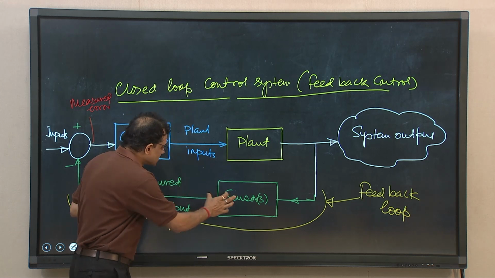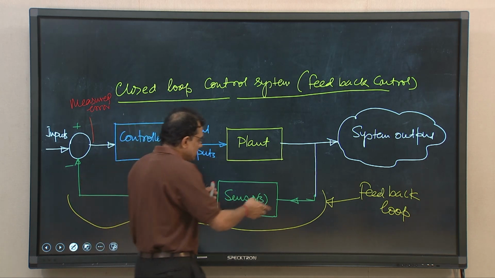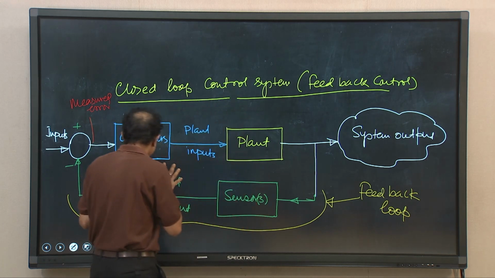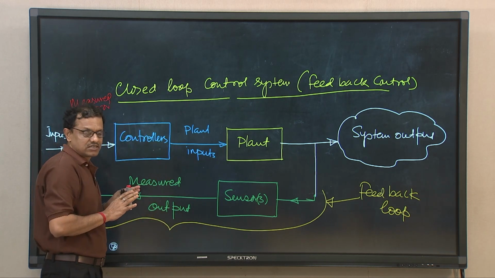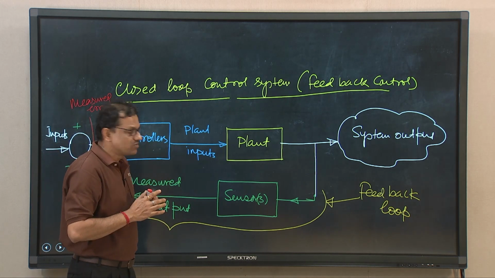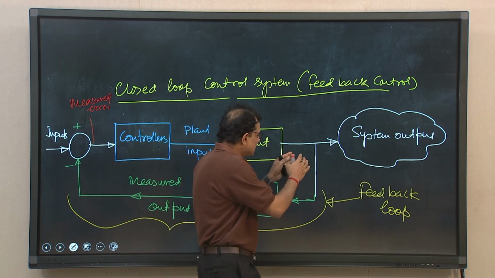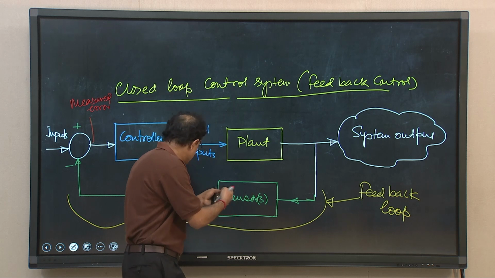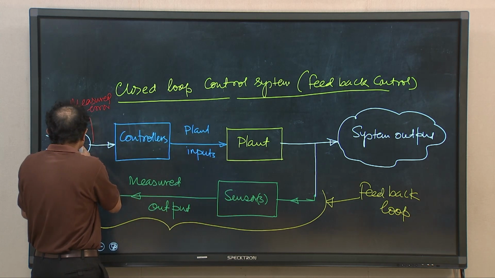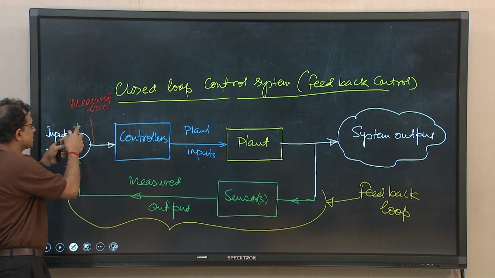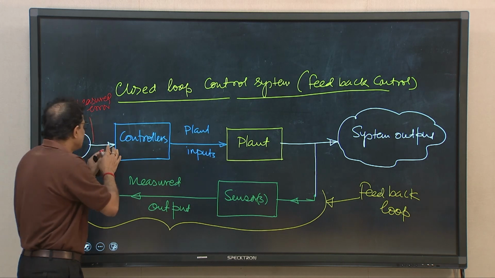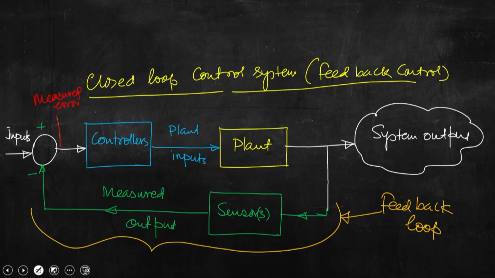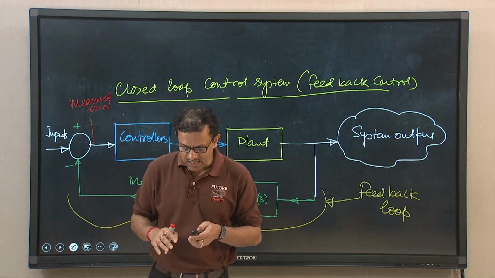These sensors are employed in this feedback loop essentially to monitor the engine operating condition. If the output is deviating from the desired output, the sensors give some measured output to the input, which is then added to or subtracted from the reference value, and that information is given to the controller, and then the controller drives the plant giving some input. So this is basically the closed type control system.